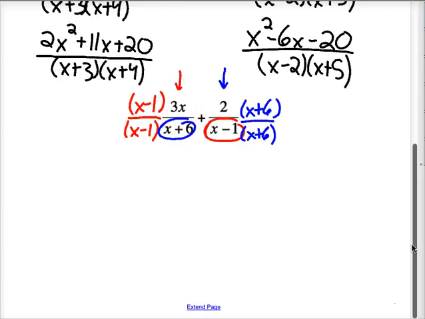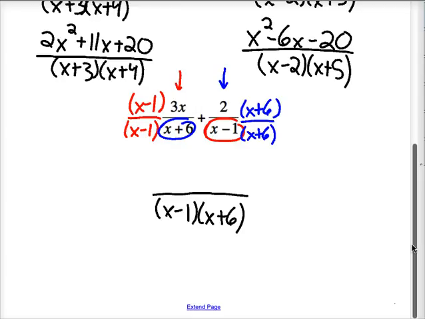So I multiply top and bottom by the x plus 6. And now I have a new common denominator. X minus 1, x plus 6 is my new common denominator.